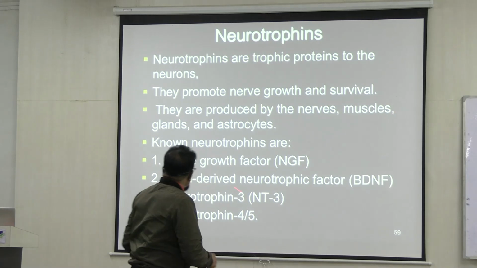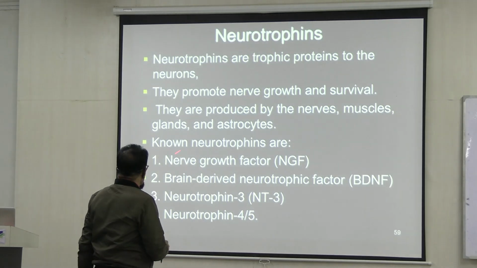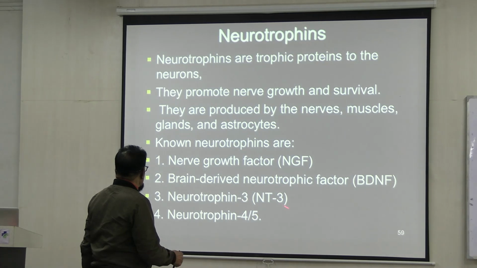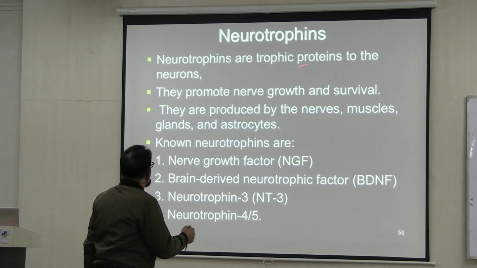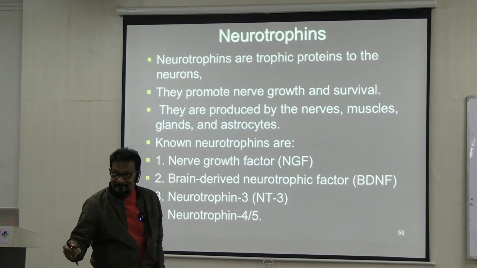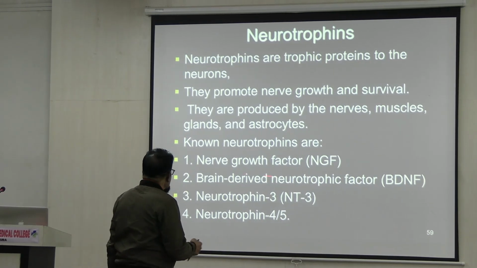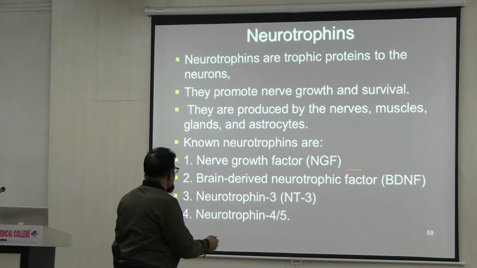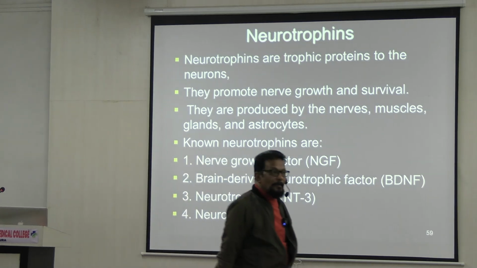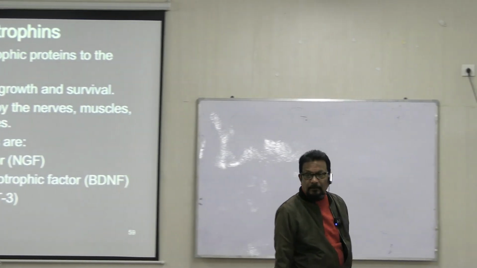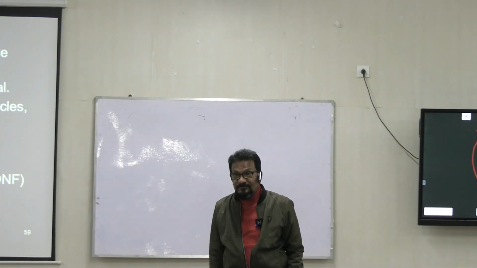There are others: brain-derived neurotrophin, neurotrophin 3, neurotrophin 4, but for this phase you need knowledge about nerve growth factor, so you may expect questions from this. Nerve growth factor is one kind of neurotrophin.